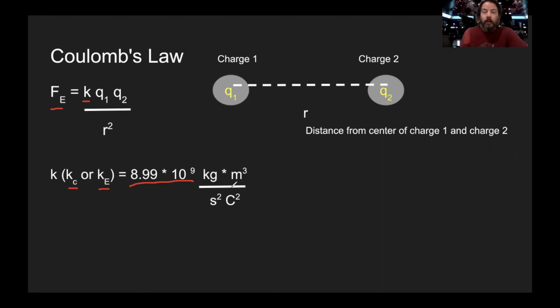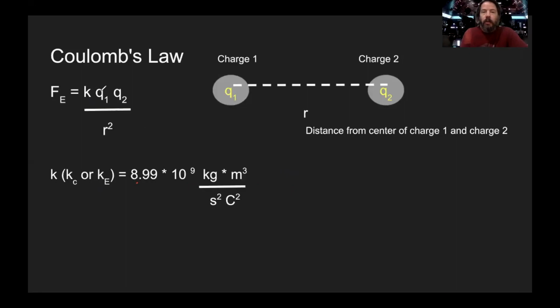So this is actually equal to newtons times meters squared per Coulomb squared. And then if you have your coulombs times coulombs and then meters squared down here, those will cancel out and you're left with the Newton. But this is a fixed constant, it doesn't change.